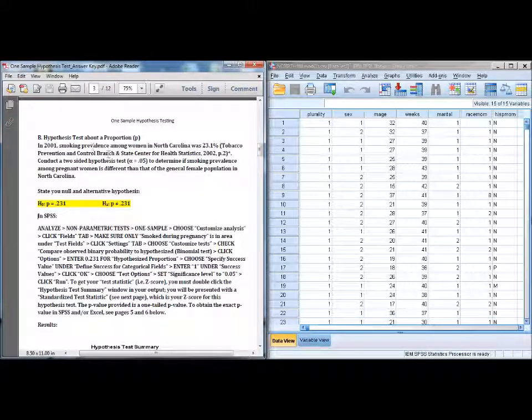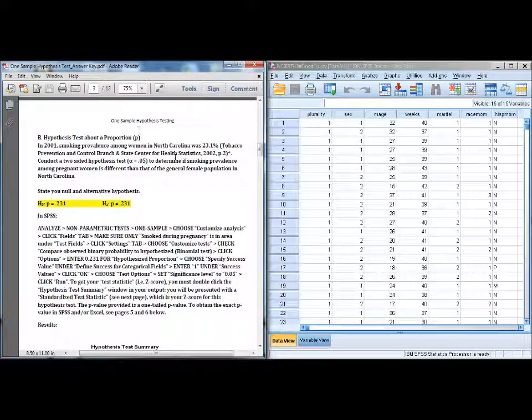So we have our population, our hypothesized true parameter, which is 0.231. So if you imagined the population of pregnant mothers with a proportion of 0.231, or 23.1% of those mothers smoked while pregnant.